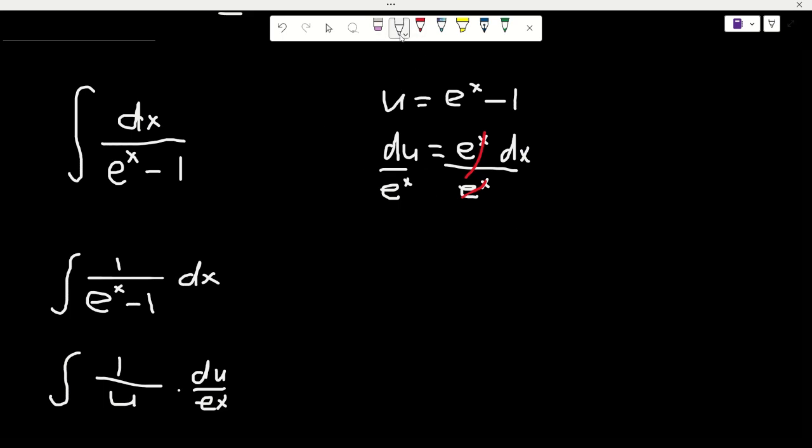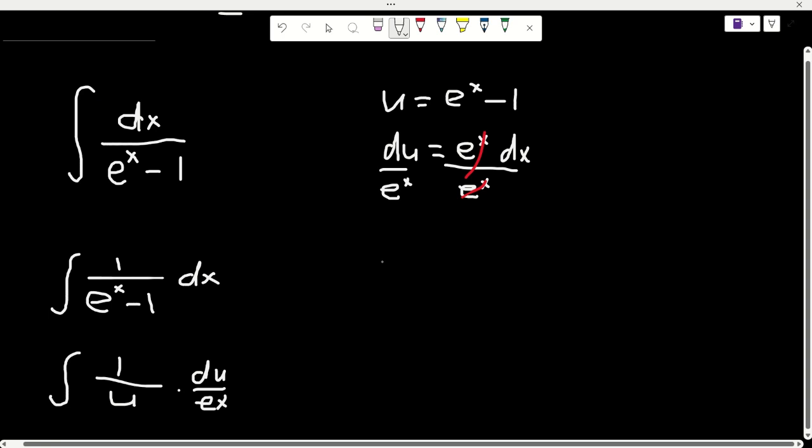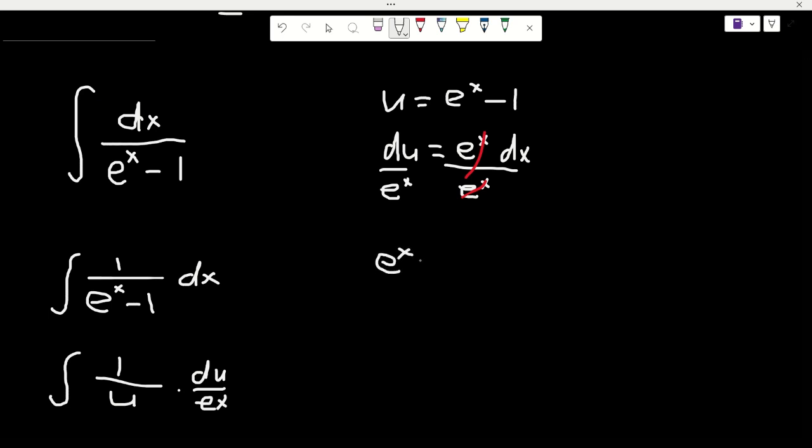So if you have u is equal to e^x minus 1, you can manipulate it as e^x is equal to u plus 1. Just add 1 to both sides so you can isolate e^x.